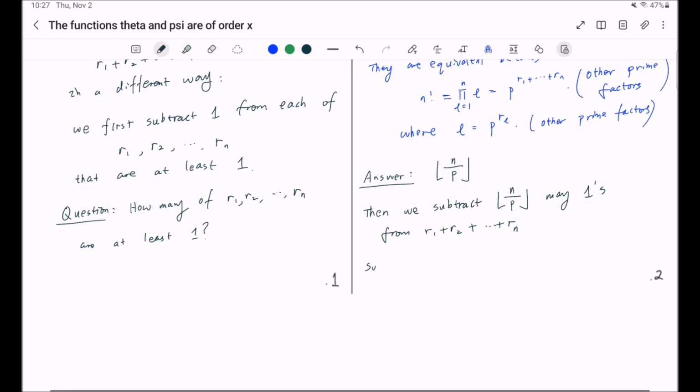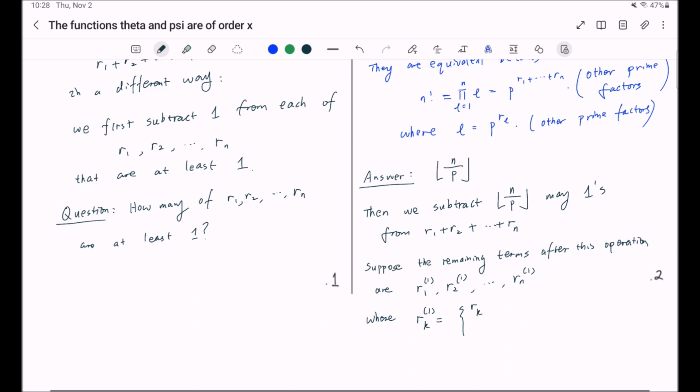And now we suppose the remaining terms after this operation are correspondingly R1 superscript 1, R2 superscript 1, all the way to Rn superscript 1. And you should be able to see immediately what is the relation between Rk superscript 1 and Rk.